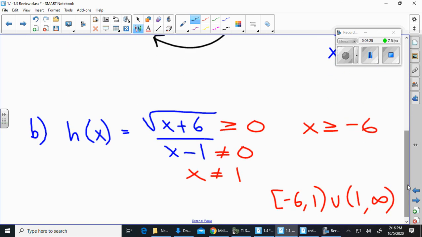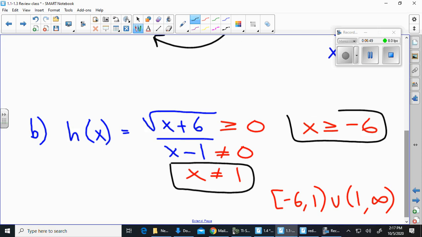With the second one I gave, I have a fraction. The bottom can't equal 0. The top has a radical. Now, if it didn't have a radical, I would leave it alone. But it has a radical. So, greater than or equal to 0, I get this and I get this.